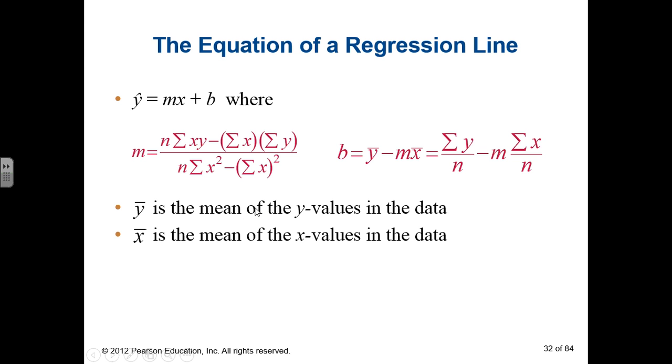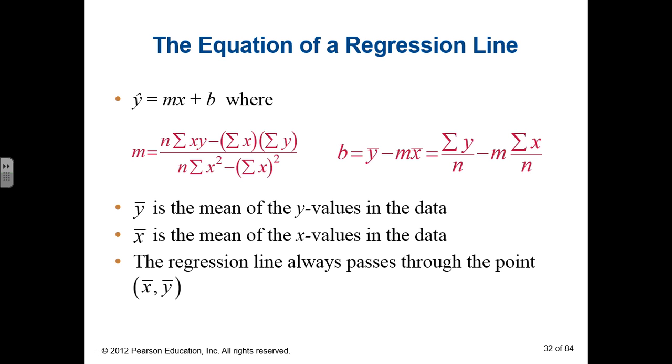You know how to find the mean of any set of values: add up all the y's and divide by the number of y's, and add up all the x's and divide by the number of x's. So y bar is the sum of the y's divided by n, and you have to find the slope first. And x bar is the sum of the x's divided by n. Another property of the regression line is that it always passes through the point x bar, y bar.